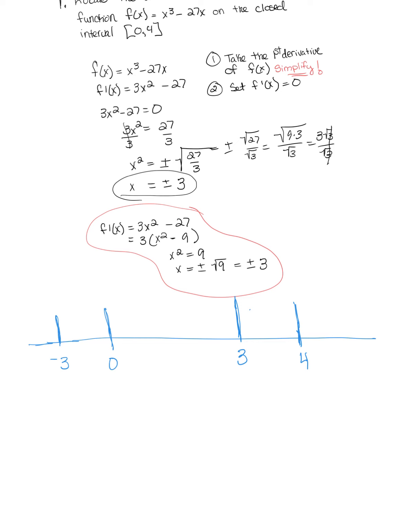The reason I left a bunch of room, which isn't really symmetrical room, but that's okay, is we need to take some test values. Test values are just values that are in between. So we need a test value here, here, here, here, and here. And this is going to give us information about our graph. It's going to let us know where our graph is increasing and where our graph is decreasing.